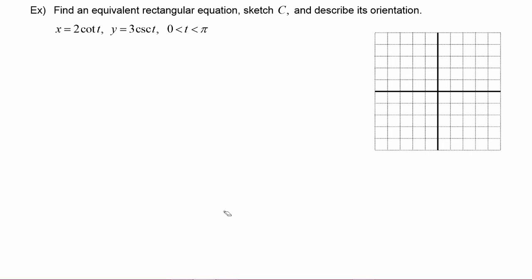We know that our strategy for these types of parametric equations is to isolate the trig function in each of the parametric equations. So the first one becomes x over 2 is equal to cotangent of t. The second is y over 3 is equal to cosecant of t.